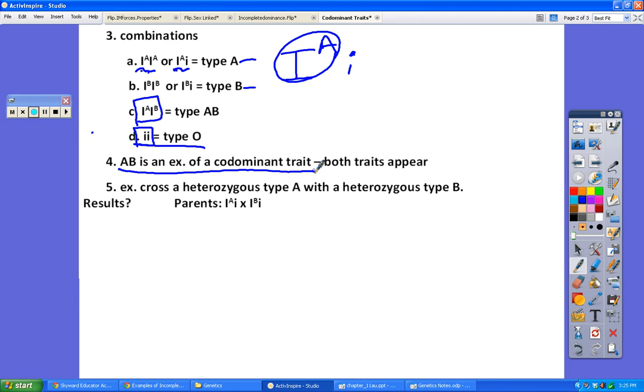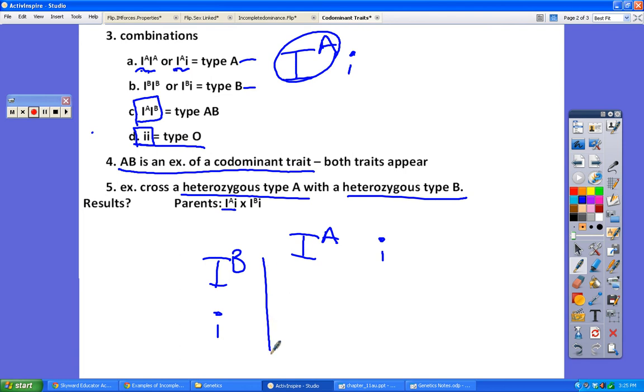So let's look at an example here. We're going to cross a heterozygous type A and a heterozygous type B. So that's these letters here. We have I^A, and the heterozygous means it has the recessive allele, small i. The B person is the same.